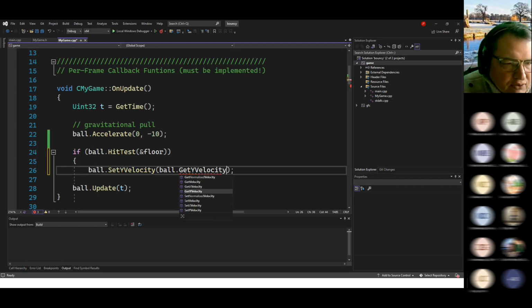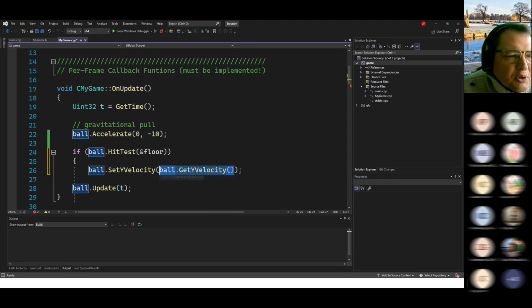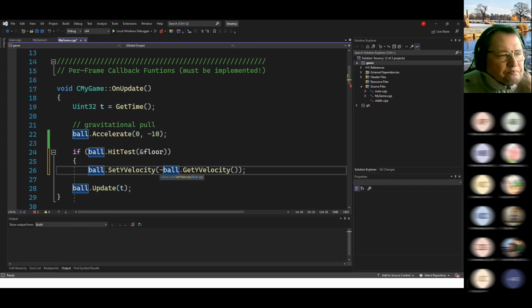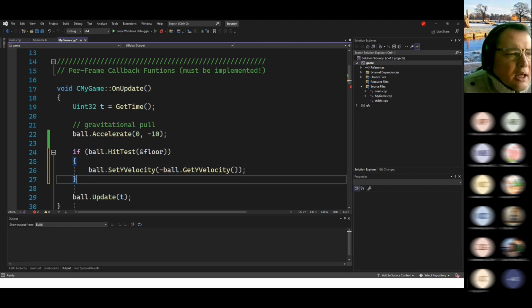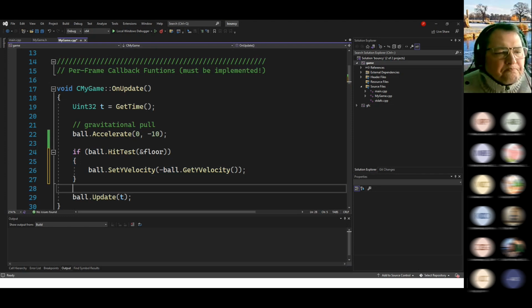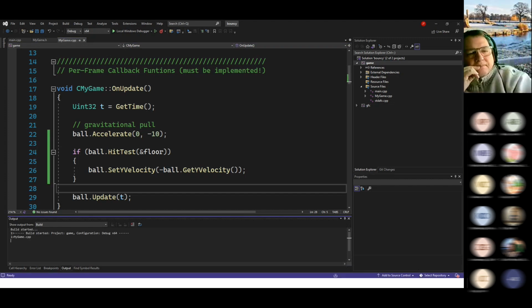Get y velocity is the initial y component of the velocity, and by adding a minus here, I should be able to model the velocity bounced from the floor. So let's test it.